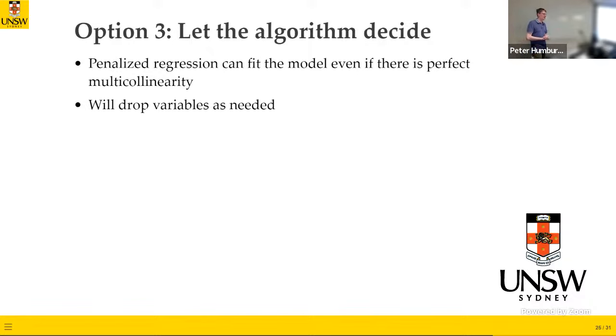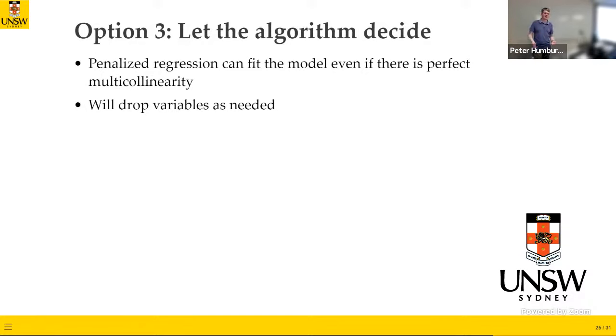And then maybe penalized regression is for you, which kind of does something magic, because it allows you to take all your variables, x1 to x5 and A. Remember when I tried to fit that model, A just got dropped, or some other variable might get dropped.